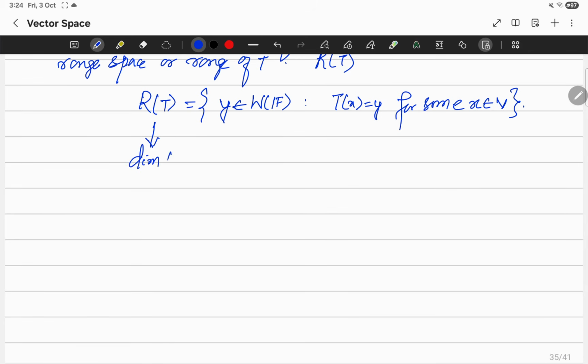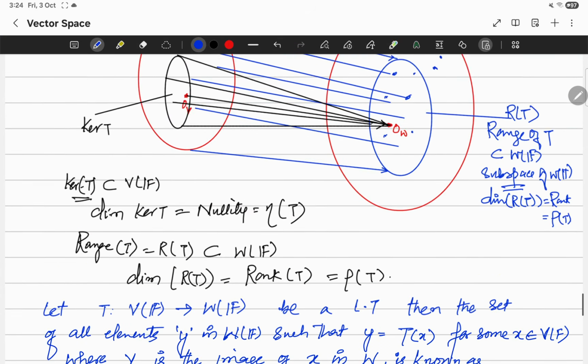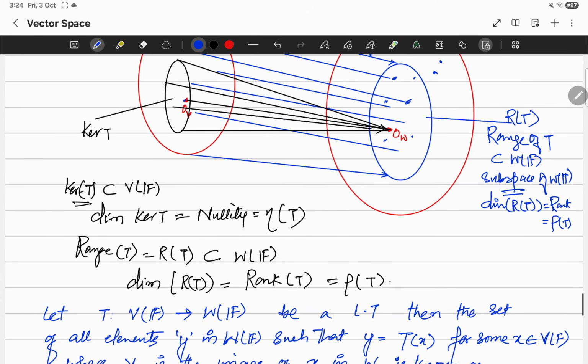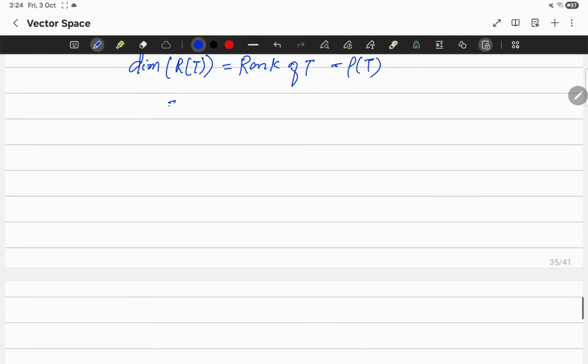As I told, the dimension of R of T is called the rank of T and denoted by rho of T. As you can see, I told you that 0 of V always goes to 0 of W. So it means that the range of T can never be empty.